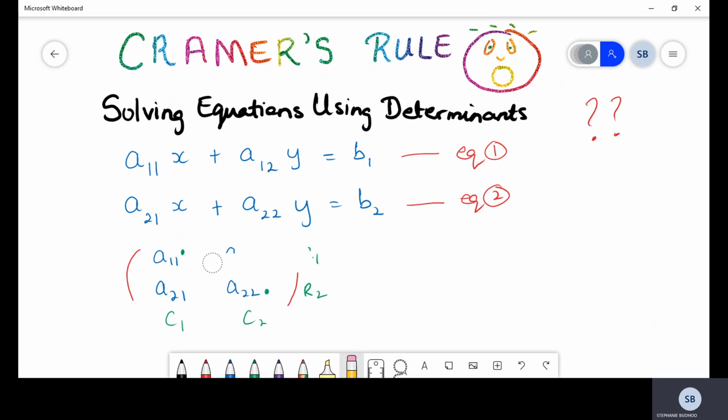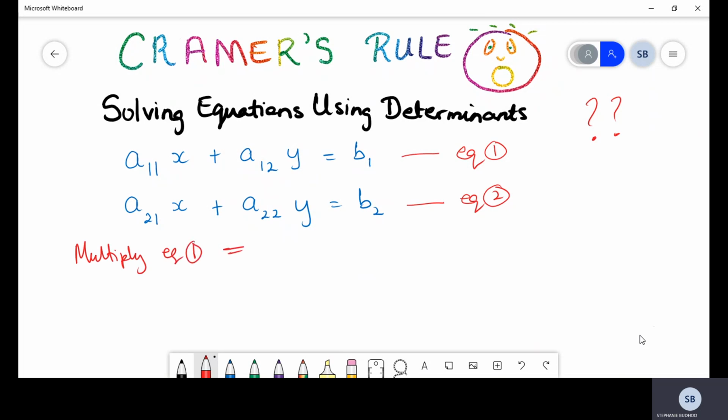Okay. So now what we're going to do here is simply solve these equations simultaneously. The first thing you do when you're solving equations simultaneously, if you don't have a lot to work with, is apply the elimination method. Applying that, we want to observe that first equation, and we are going to multiply our equation 1 across by, let's just say, A21.